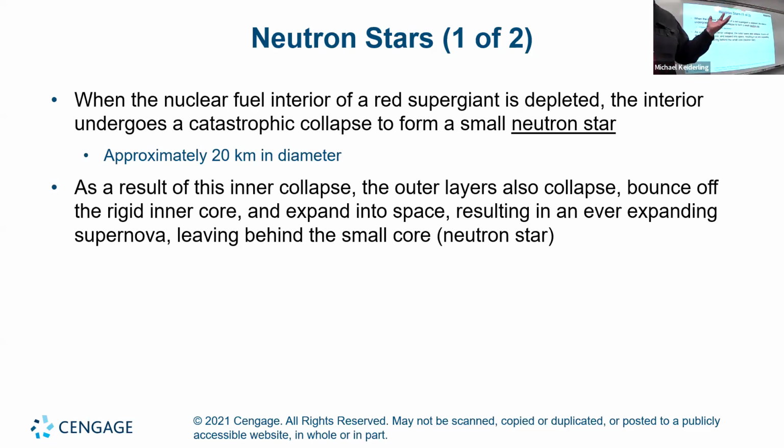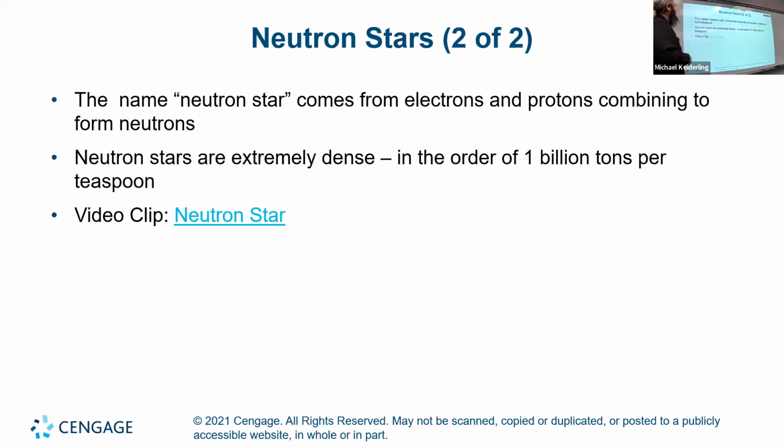It's made of something called nuclear pasta, which is crazy. And so the name neutron star comes from the fact that the gravitational force is strong enough to squeeze the electrons and protons together so that they turn into neutrons.